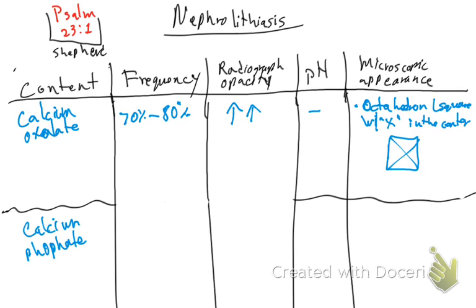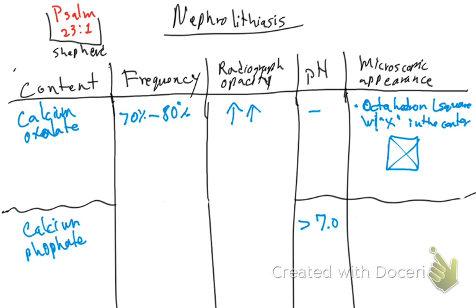But what about the pH? Is it going to be no pH? No, now it's different. Calcium phosphate needs to have a pH more than 7. How is this one going to look on microscopy?